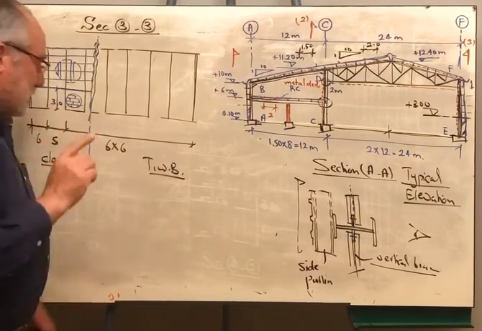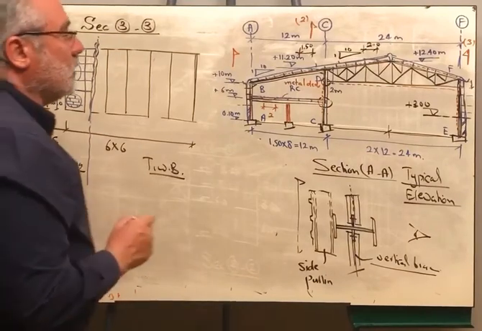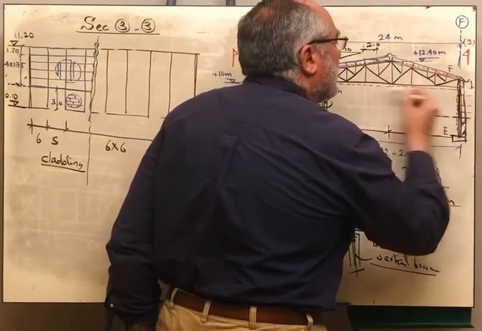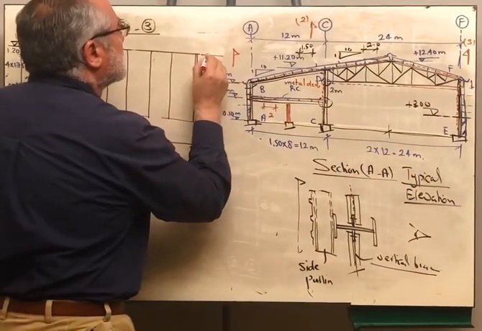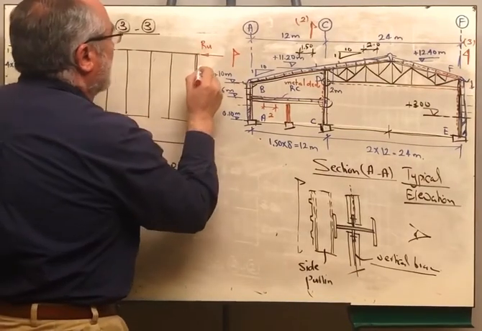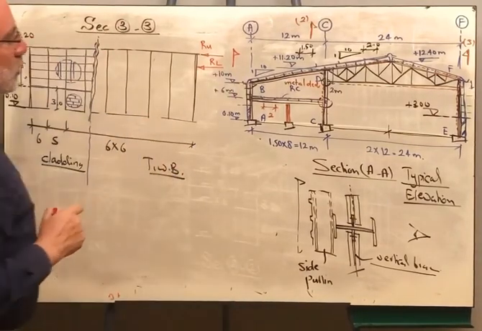For the bracing, let us see, where do we have the upper bracing and the lower bracing? We are having upper bracing at the top, and we are having lower bracing at a distance of 2 meters. So here, this is the reaction coming from the upper, and at a distance 2 meters, we are having the reaction coming from the lower.